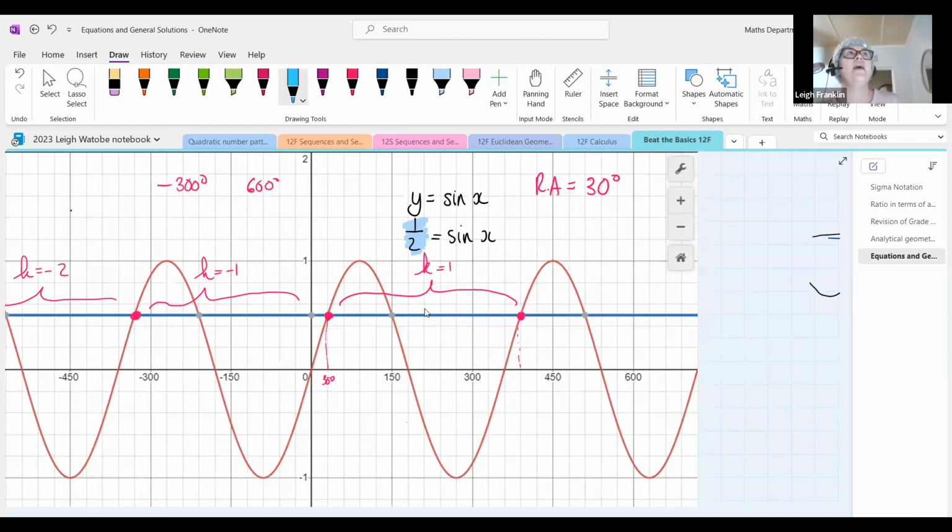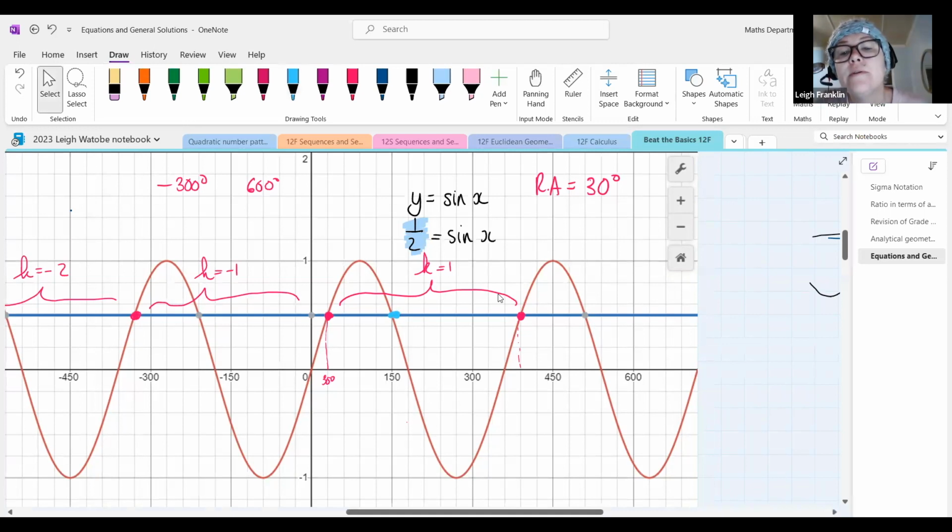How would we find our angle in quadrant number 2? We would use our reduction formula, isn't it? We would say 180 minus our reference angle of 30, and we would end up with 150. There's 150.